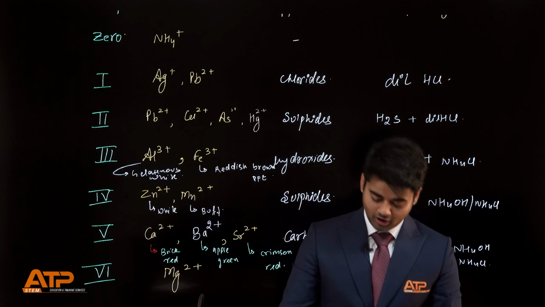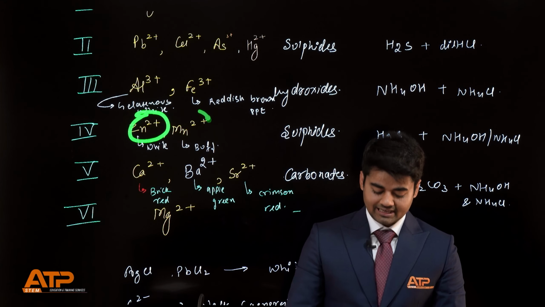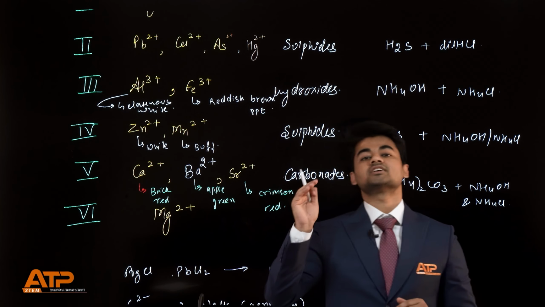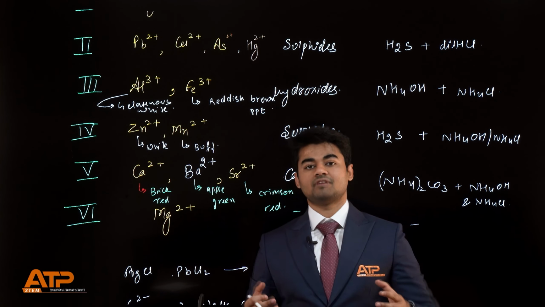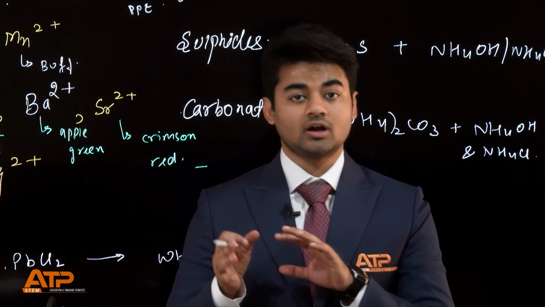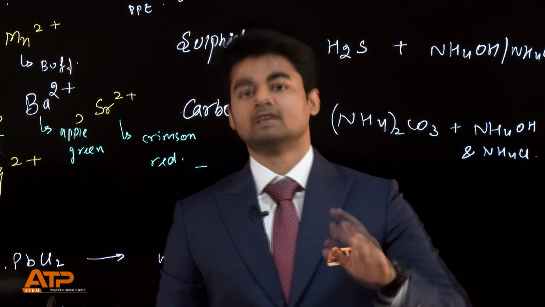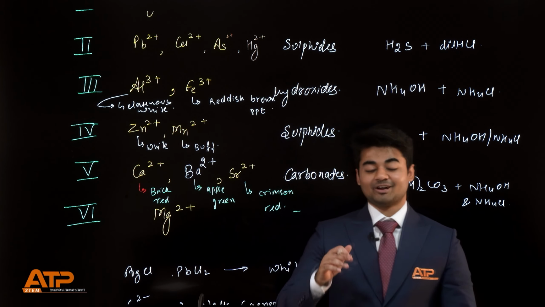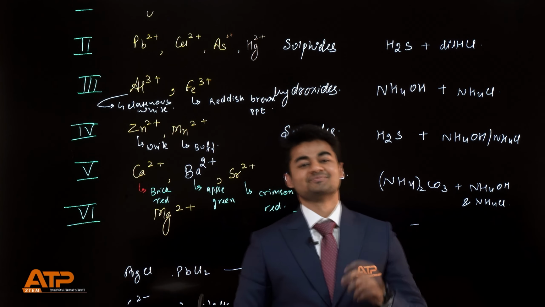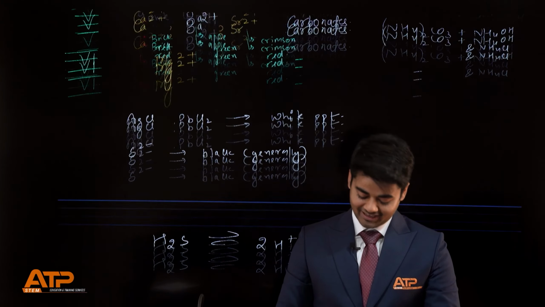On the other hand, ZnS and MnS have a higher Ksp value as compared to group 2. Oh, my bad. Because of their higher Ksp value, the amount of sulfide required will be high.